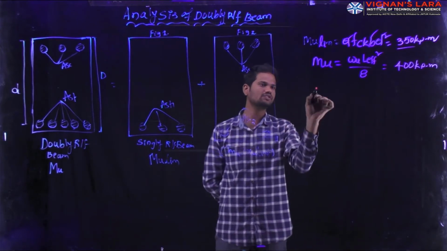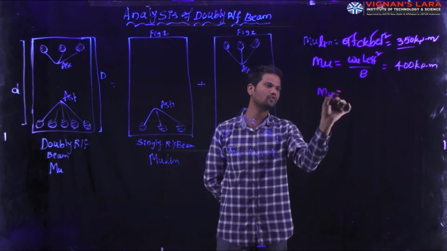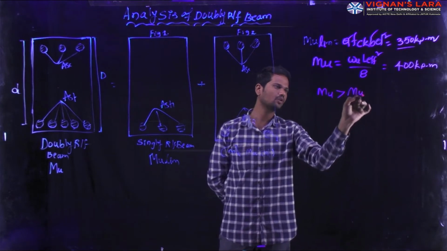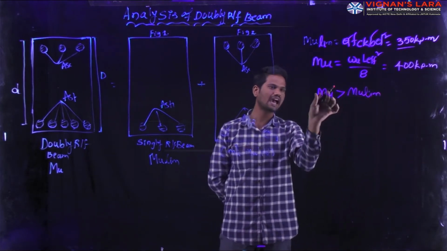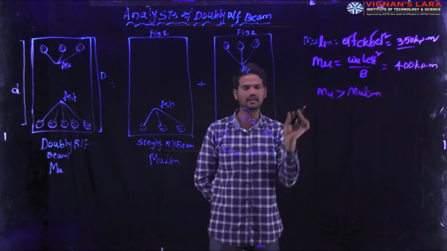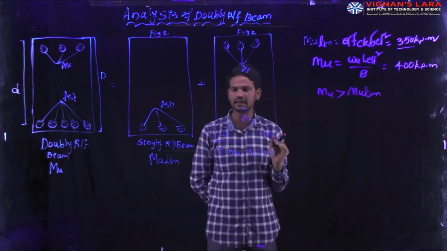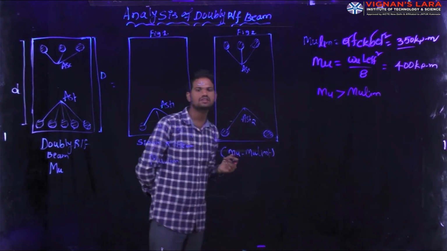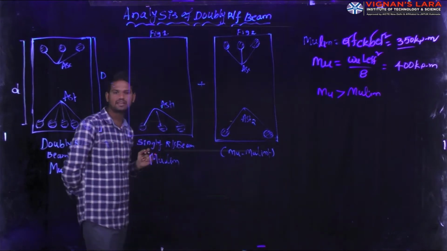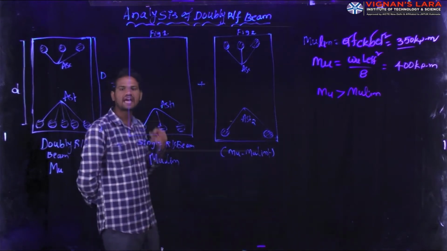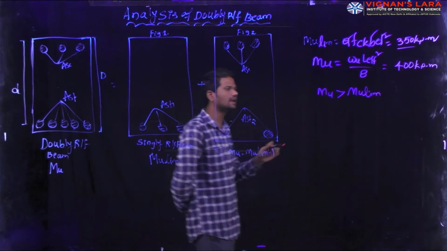That means Mu will be greater than Mu limit. That means the actual applied moment acting on the beam will be greater than the limiting moment. In those conditions, we will provide the doubly reinforced beam to carry the additional moment acting on the beam.